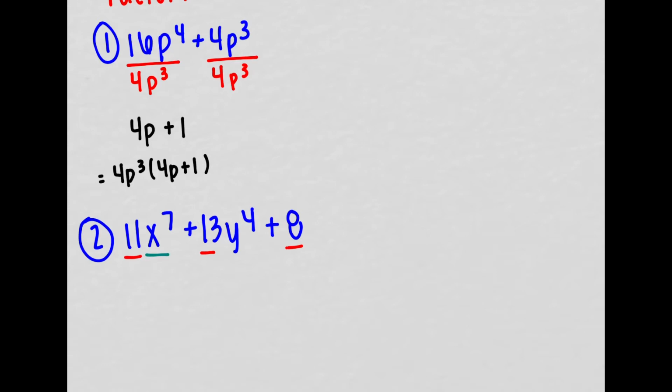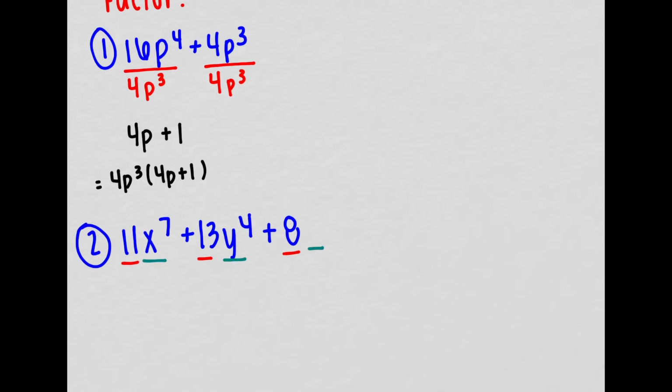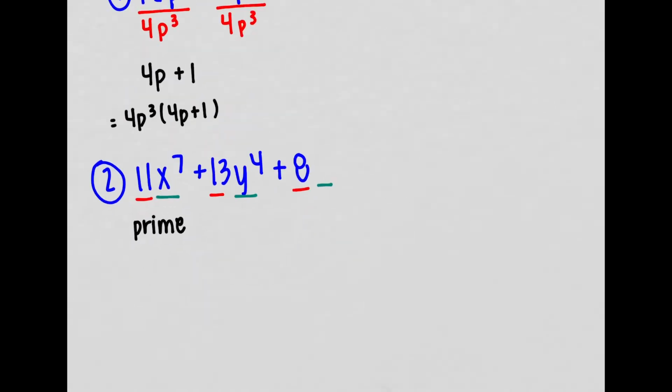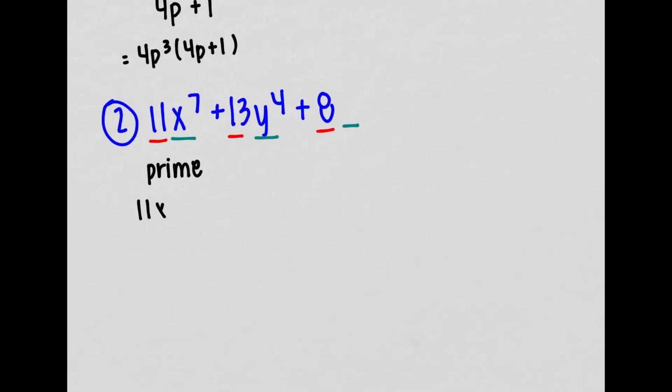I have x to the 7th, y to the 4th, and 8 doesn't have any variables or letters. This is a situation where you cannot take anything out. You actually can't factor this, so this is something that we call prime. You can't factor anything out, can't do anything with it. So your answer would just be the same, 11x to the 7th plus 13y to the 4th plus 8.